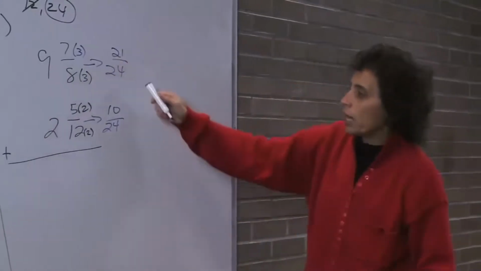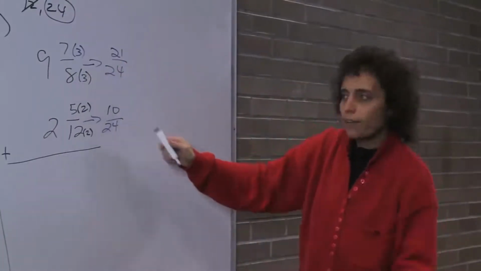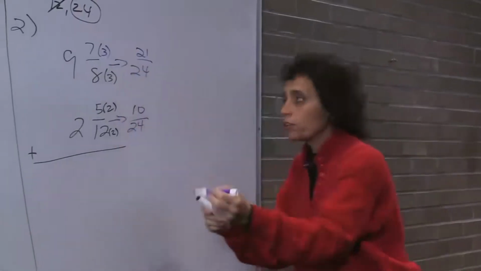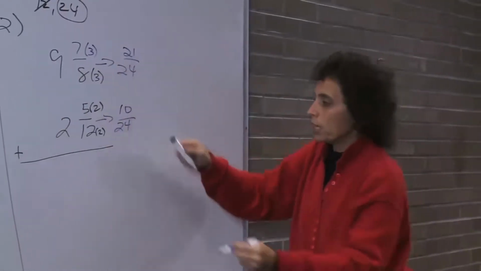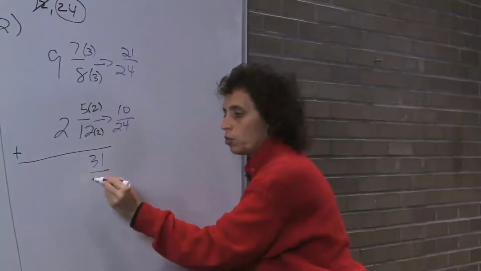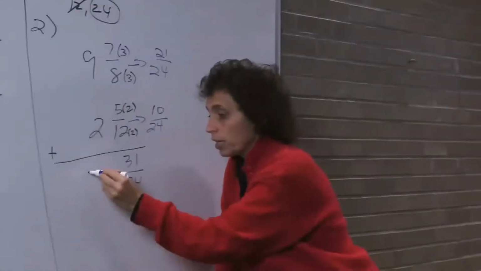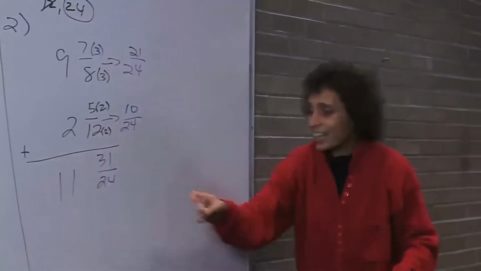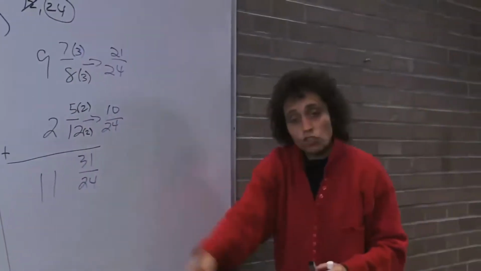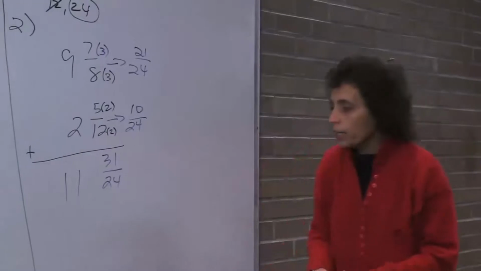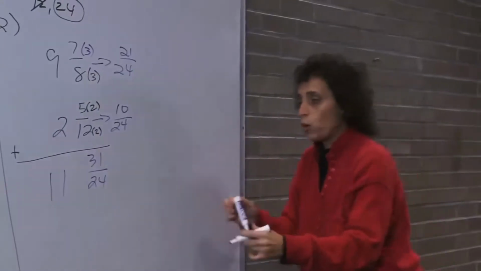Okay, so now I'm going to add 21 plus 10, and if you'd rather cross these out because they're in the way, that's fine. 21 plus 10 is 31/24. See your problem there? Okay, 9 plus 2 is 11. I hope you're thinking I can't leave that like that. Should be a little signal going off there, okay? Because now this is an improper fraction, so watch this.